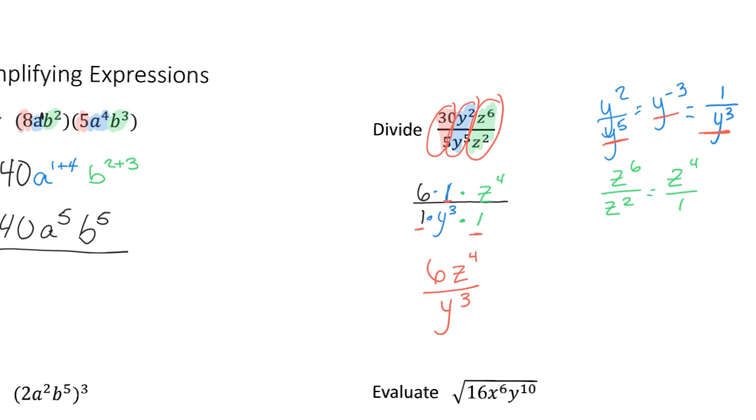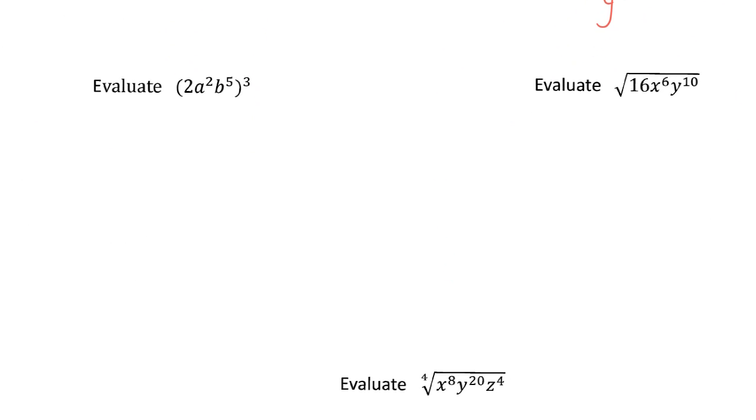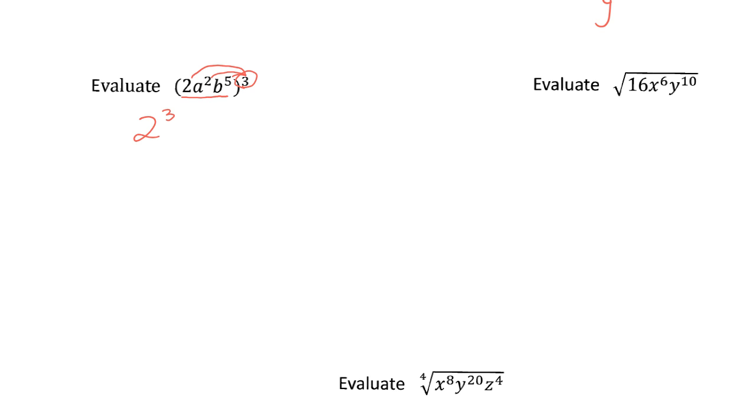All right. Let's look at the next one. Again, things we already talked about, but we're taking them to the next level. Okay. So this is this whole monomial to the 3rd power. Just like an example before, we have to distribute that 3 to each one of these. So it's really 2 to the 3rd, and a squared to the 3rd, and b to the 5th to the 3rd.